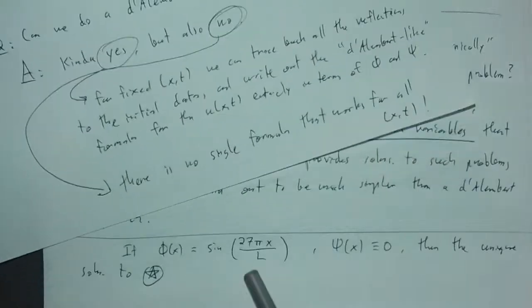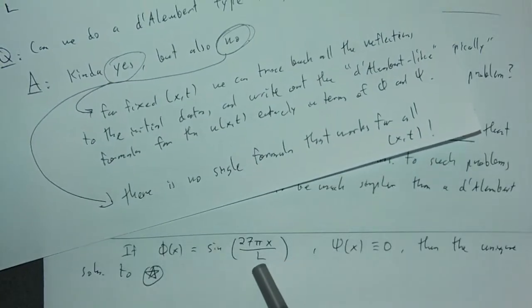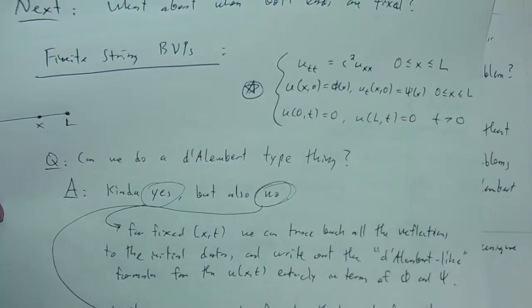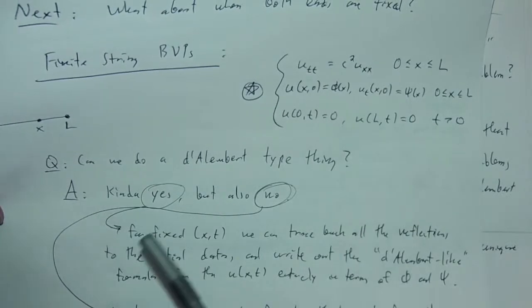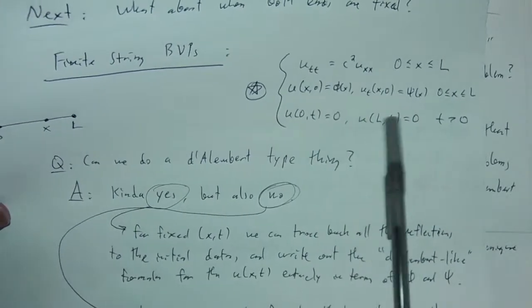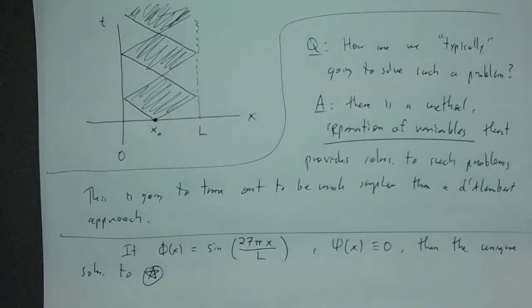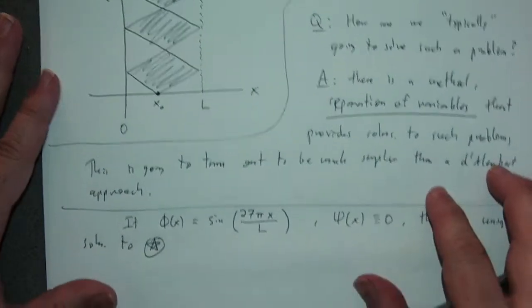So if phi is sine of 27 pi x over L, and c is 0, and we have these 0 boundary conditions, the unique solution to this is given by the following.